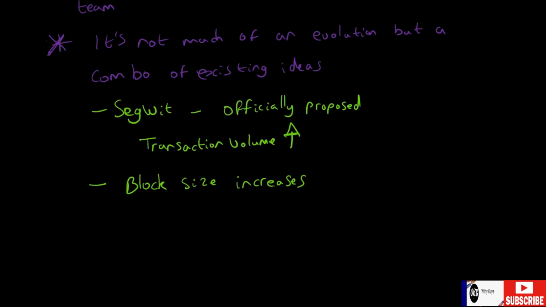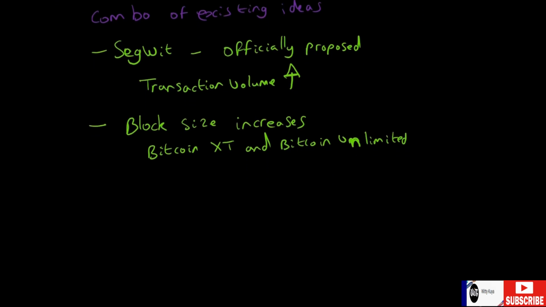Alternatives such as Bitcoin XT and Bitcoin Unlimited have come from this, but none of them have received the same level of support from the community to help them grow. That's hence why you generally don't hear about them.